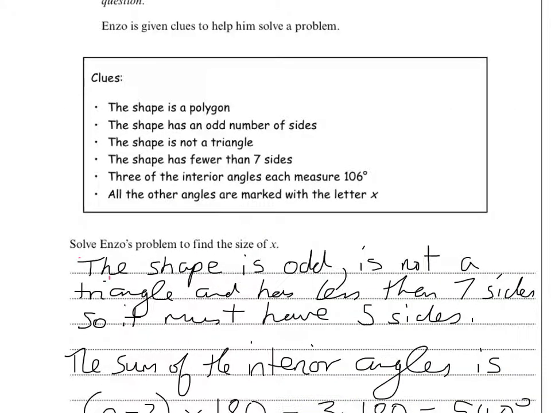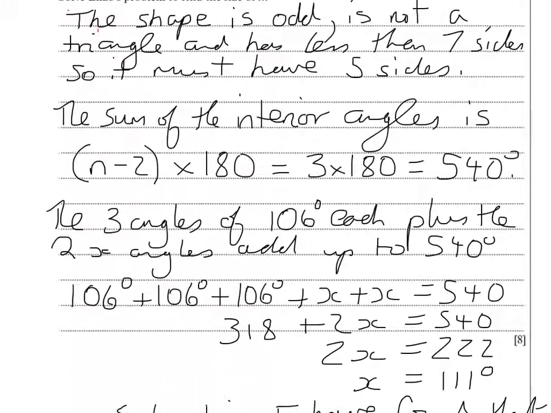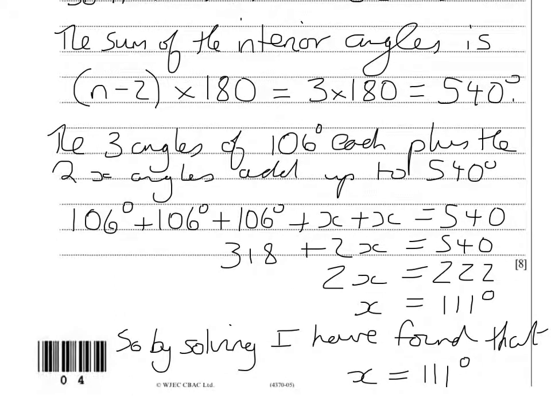I've now written the solution using a balance of maths and my calculations in order to satisfy the quality of written communication marks. I started off by saying that the shape is odd, it's not a triangle, and it has less than 7 sides, so we can deduce that it must have 5 sides. We've then got our calculation.